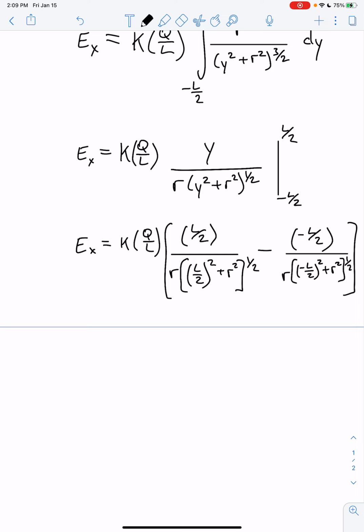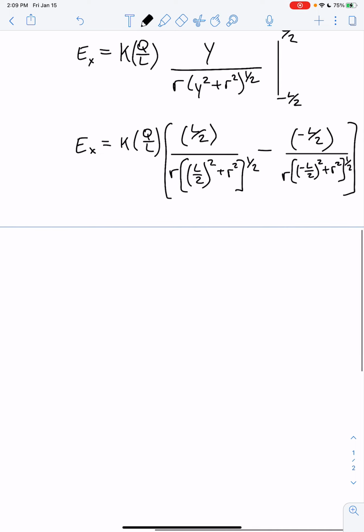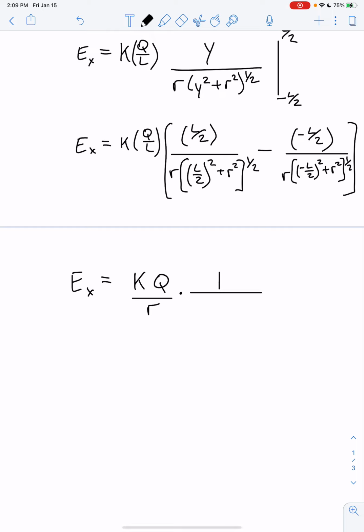when you simplify all that, we end up with an equation for Ex that's equal to kq over R times, let's make this a little nicer, 1 over the square root of R squared plus L over 2 squared.